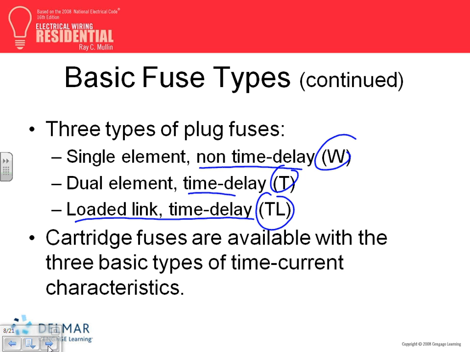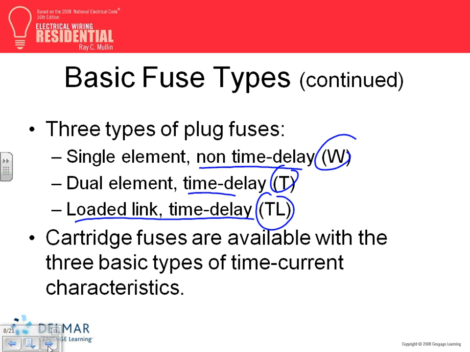Why? It allows for the inrush in the motor. The inrush in the motor looks like 6 to 10 times higher than the full load current of the motor. It looks like a short circuit. So if you put a non-time delay fuse on a motor, you have two options. Either you oversize it, which is if you go to 430.52, you have to multiply by 2.5.